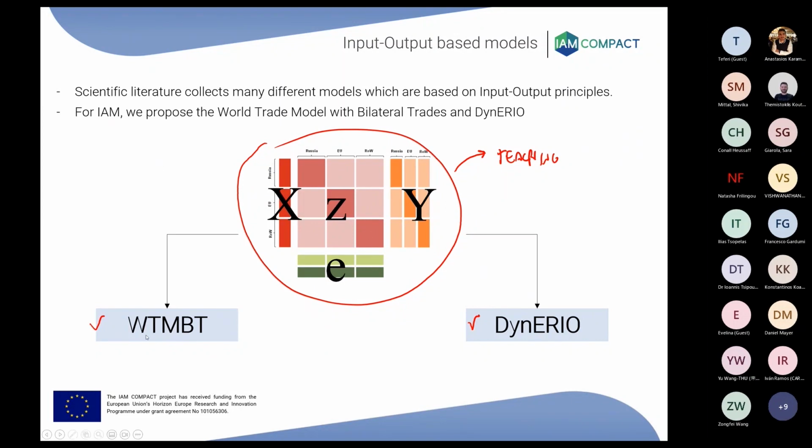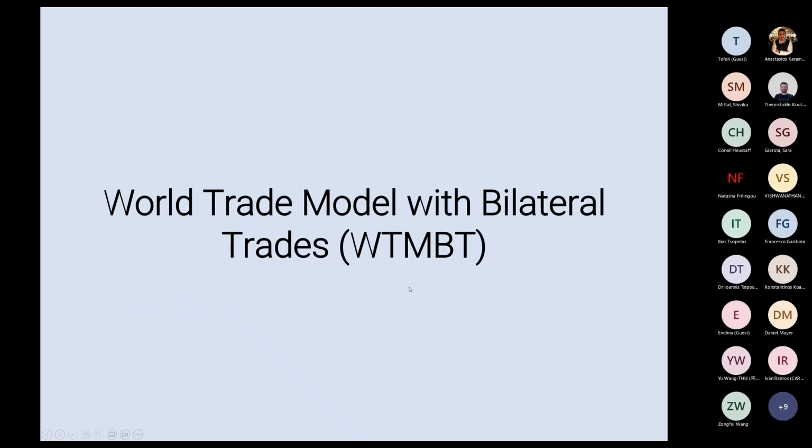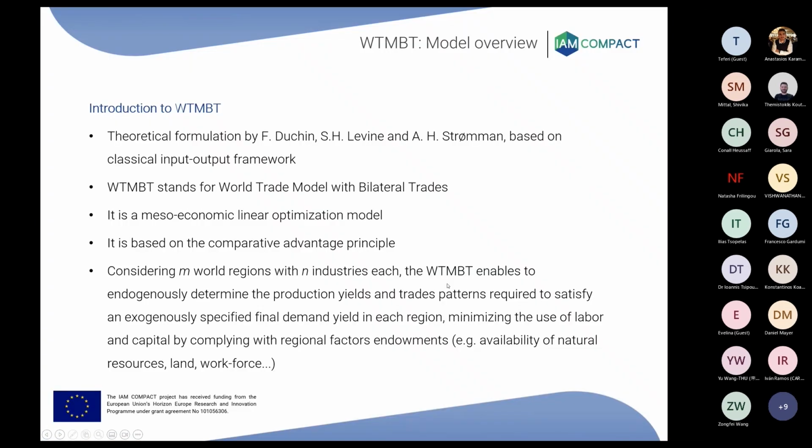Speaking about detailed models, let's start from the world trade model with bilateral trades. I will be very brief because I provided a very broad introduction on the framework. Basically, the world trade model with bilateral trade is an elaboration, a development of a standard input-output model that is nothing but an optimization model that works with a comparative advantage principle.